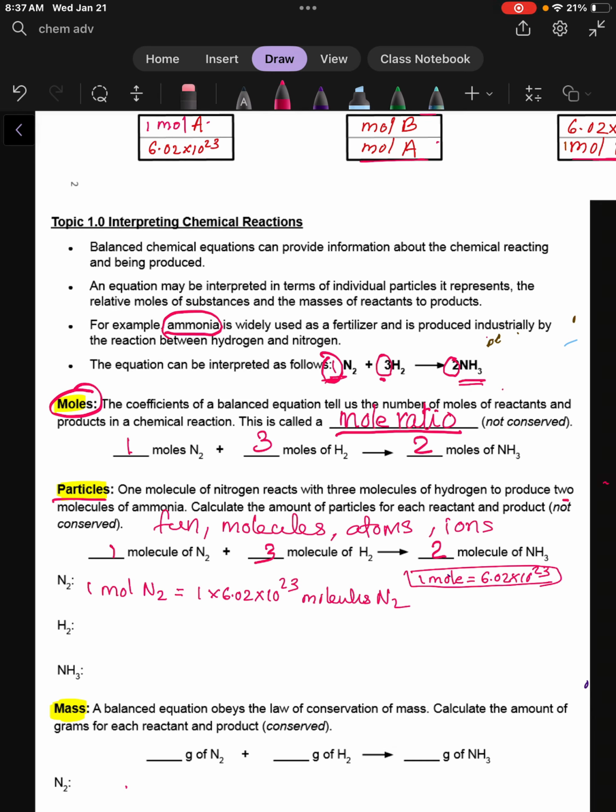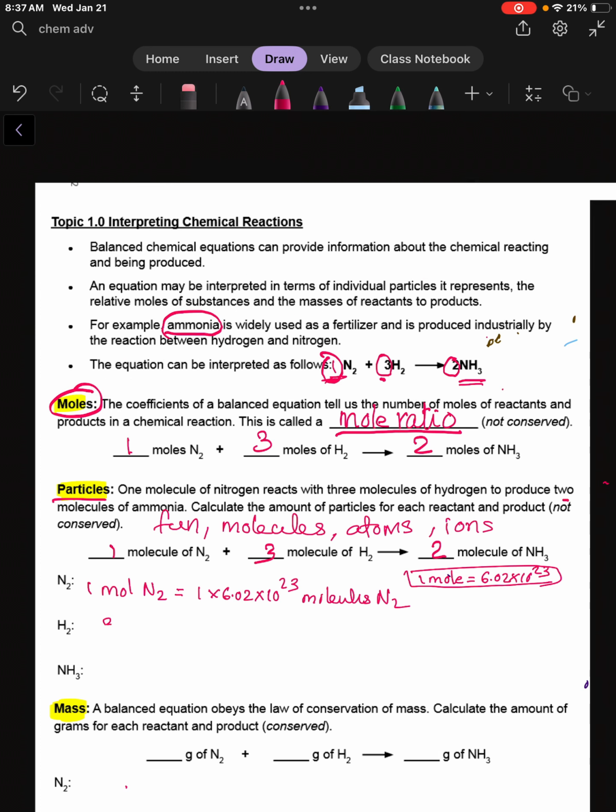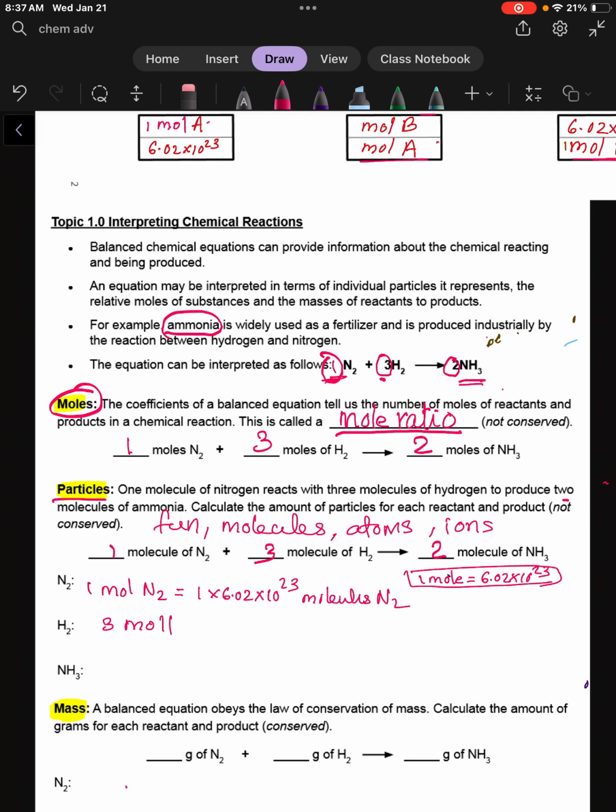Here there are 3 moles of hydrogen, so you can write 3 moles of hydrogen will be what? 3 times Avogadro number, which is 6.02 times 10 to the power of 23. This 3 comes from this equation. And if it is 2 moles of ammonia, that is 2 times 6.02 times 10 to the power of 23 molecules of ammonia.